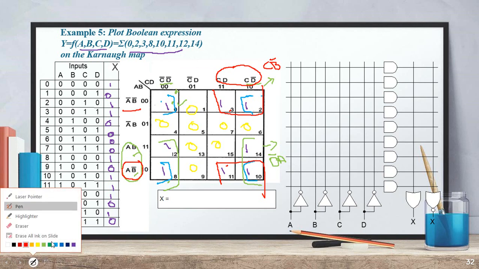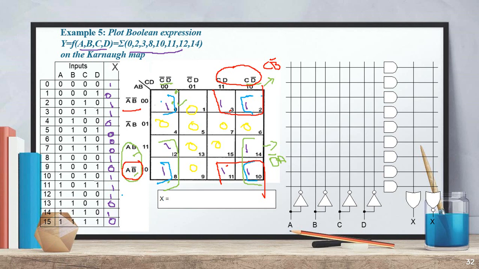Then we go to the first one we mapped, from all the 4 portions. If you go with that, it involves 8 and zeros. So we can say that it is A bar B bar and A B bar. Here B bar is common, so take B bar.